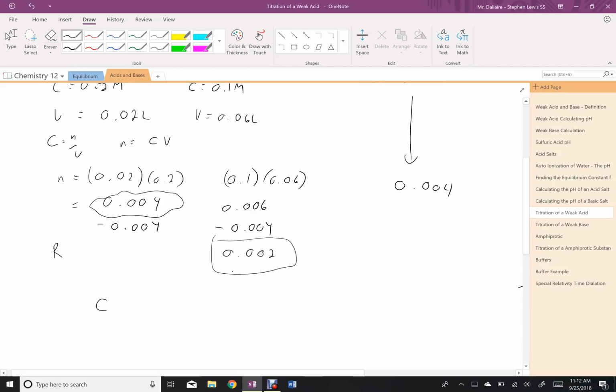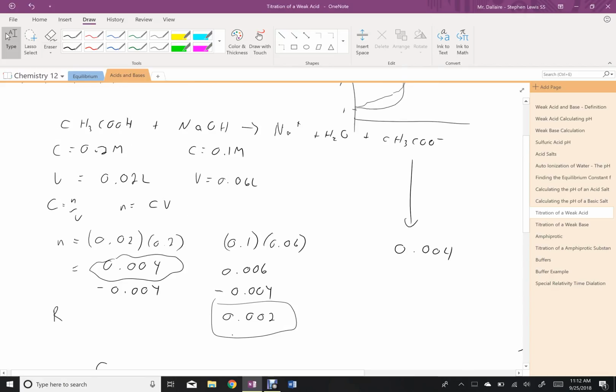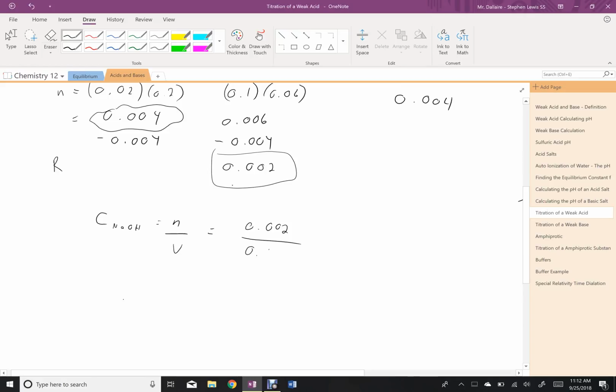Our concentration of NaOH after the reaction is going to be moles over volume, which is 0.002 moles divided by a new total volume of 0.08 liters. And I get 0.025 molar sodium hydroxide.